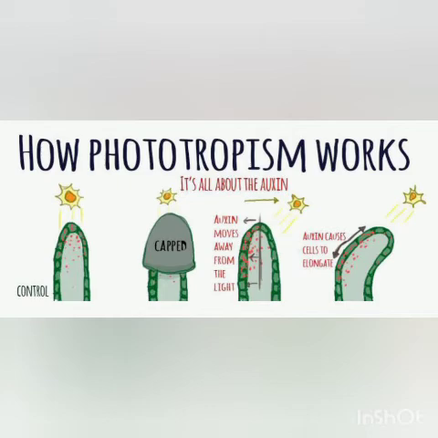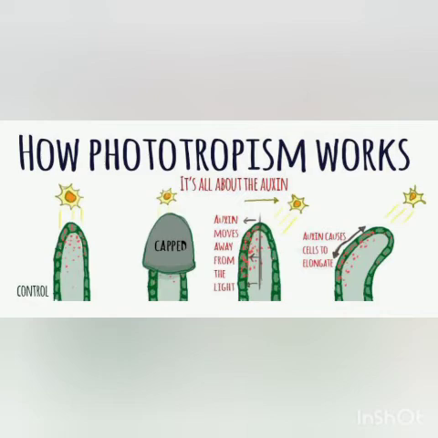Now children, when sunlight comes straight, the auxin hormone which is present in the shoot tip spreads uniformly, and both sides of the stem grow equally, causing the straight upward growth. I hope it's understood. You can even see here where it is given control. So both the sides the light is coming, so it is going upward.